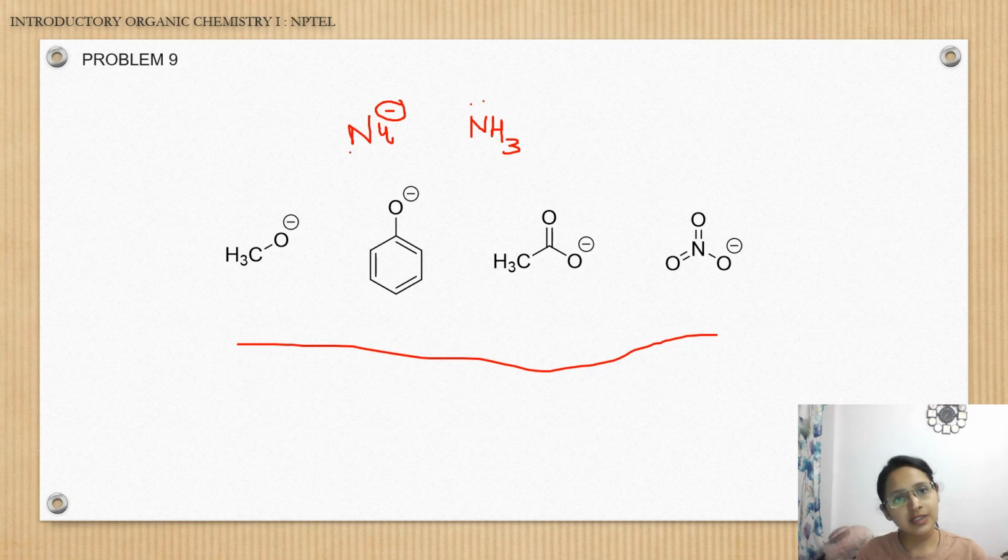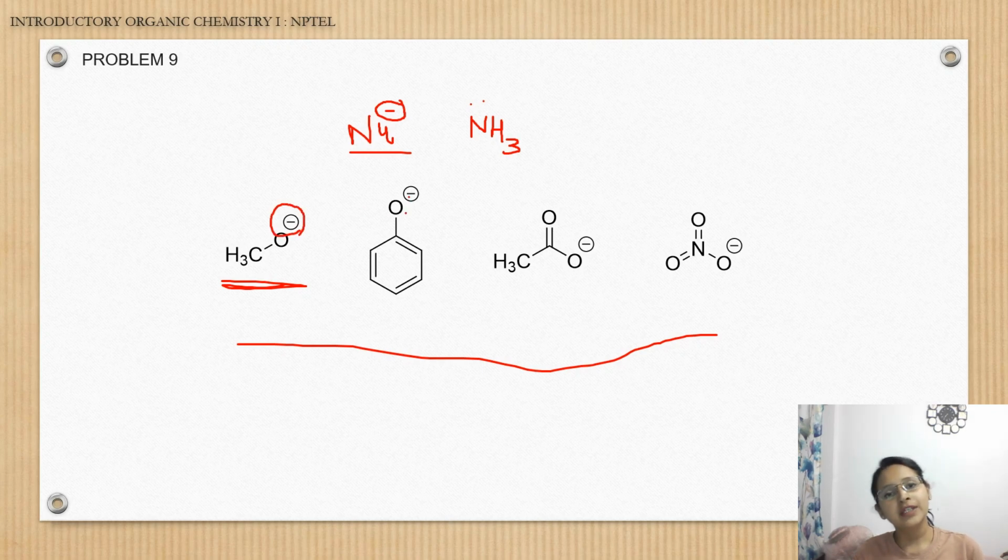The same concept applies for nucleophilicity. A nucleophile needs very high electron density to donate. The higher the electron density, the higher the nucleophilicity, right? So here, in the ethoxide, the negative charge on oxygen is not at all delocalized with the methyl, so it remains confined on the oxygen.